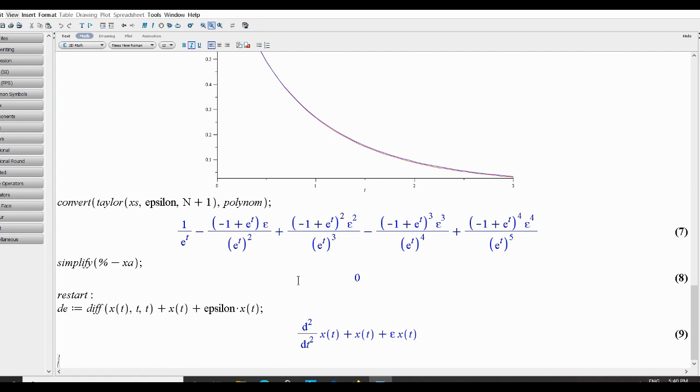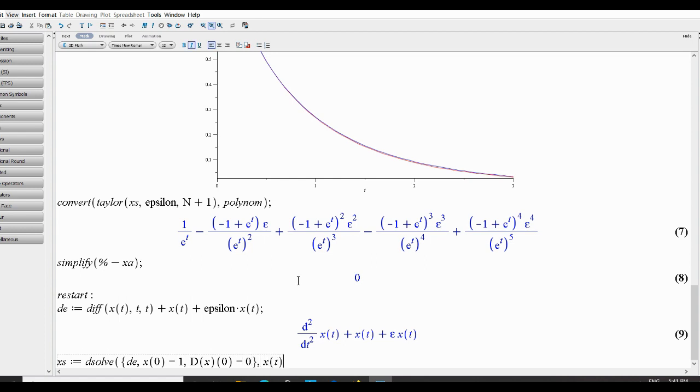So I can solve that. I'll say xs is equal to DSolve of the DE, and then x of 0 equals 1, and the derivative of x at 0 equals 0, for x of t. Note the syntax.